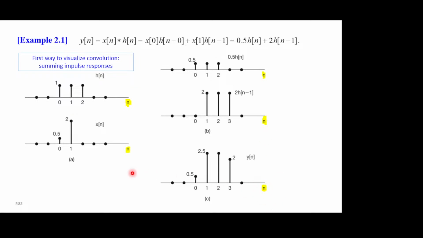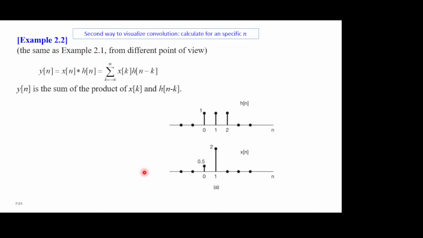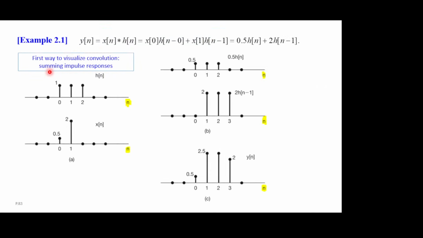And here we are plotting against the time of our system. Okay, now we go to a little confusing thing, but quite useful for doing calculation. We're doing the same thing, but visualizing it in a different way. Basically we want to calculate y of n at a specific n. It's not very easy to see, let's say you have x of n here and h of n here, what's y of 2?